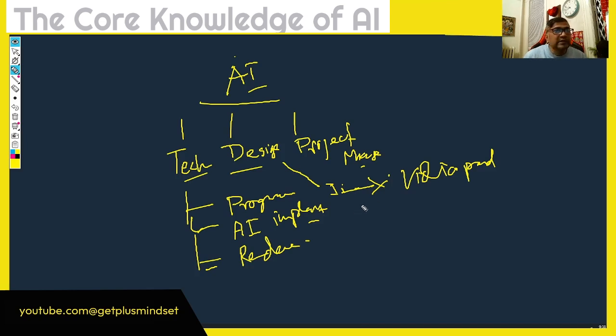So during design and project management, AI can be helpful for seeking the answer. Generally, we go to Google and ask a specific question to get an answer. That was common when there was no AI.